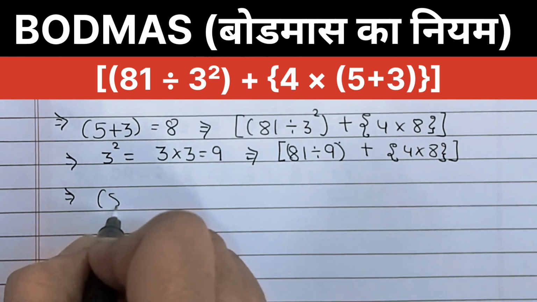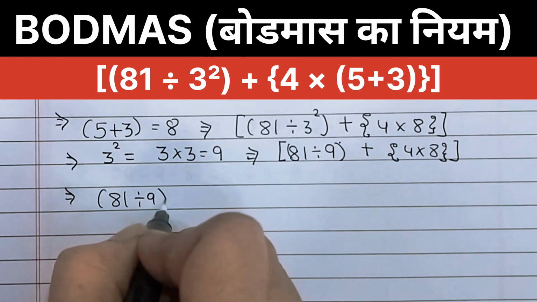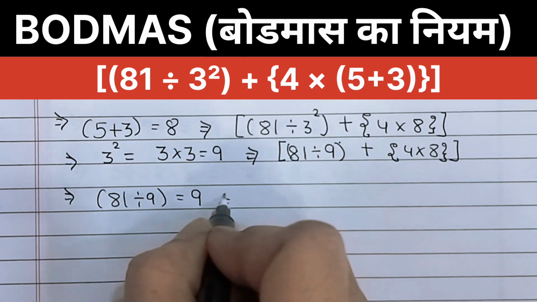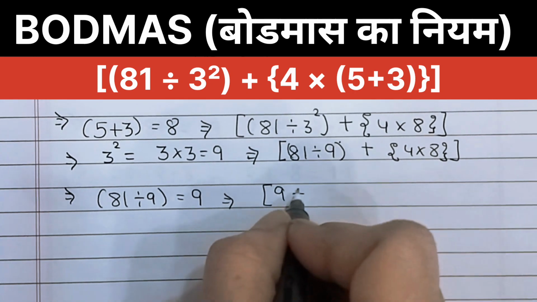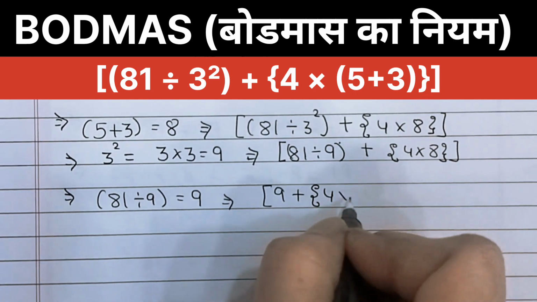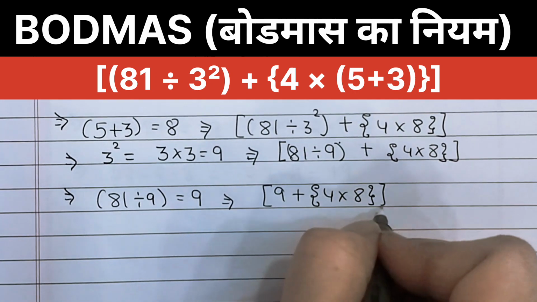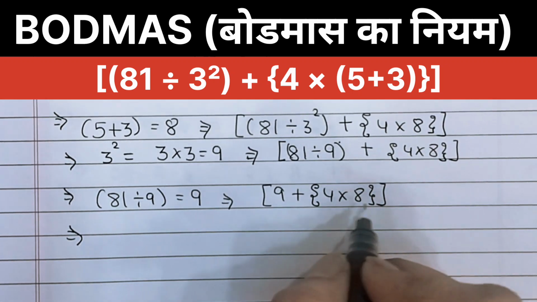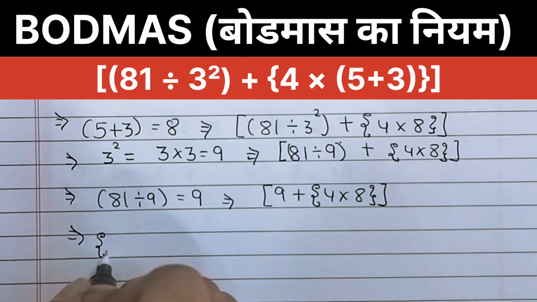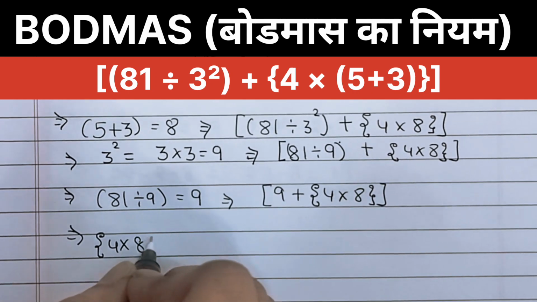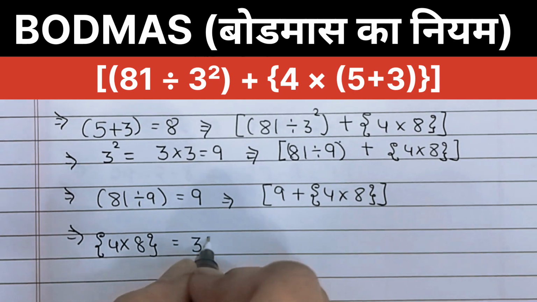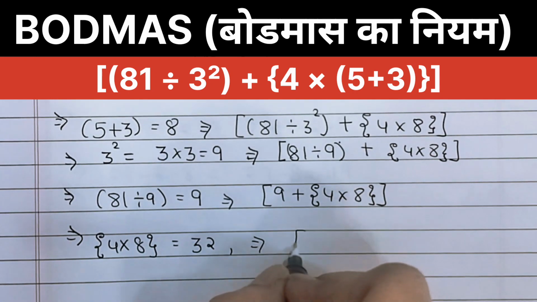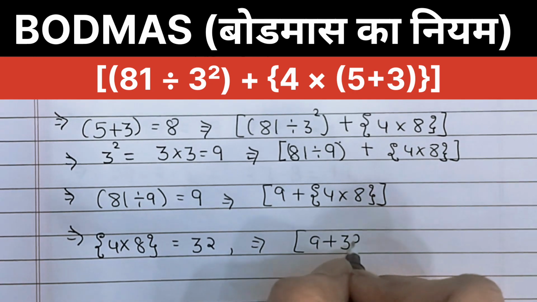Now 81 divided by 9 equals 9 and the expression becomes 9 plus curly bracket 4 multiplied by 8. Now the next step, solve the multiplication inside the curly brackets. Now 4 multiplied by 8 is equal to 32 and the expression becomes 9 plus 32.